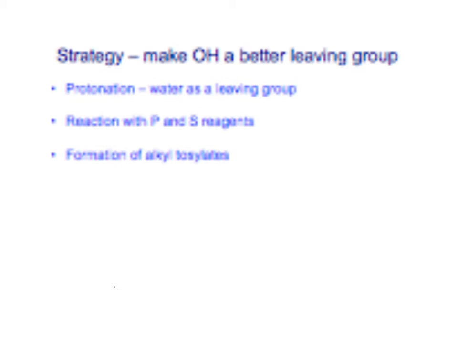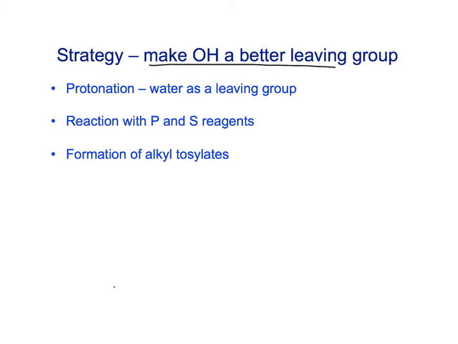There are three strategies that we're going to take a look at, and all of them involve making OH into a better leaving group. The first one we'll look at is simply protonation. So if we add a proton to OH, we end up with water.